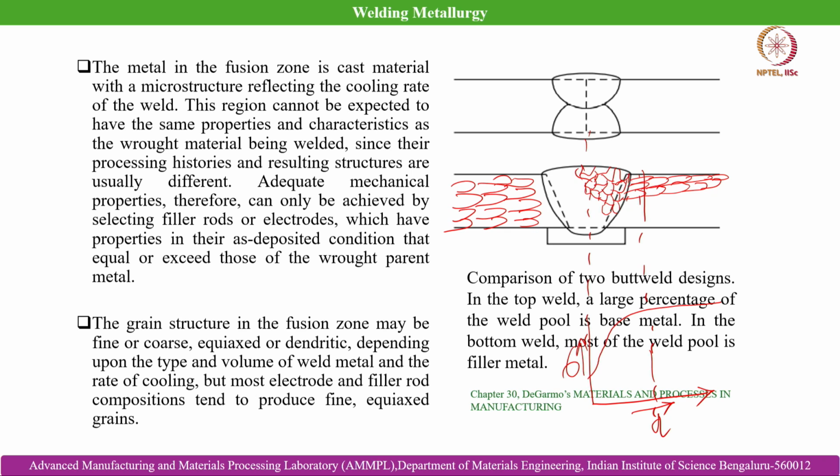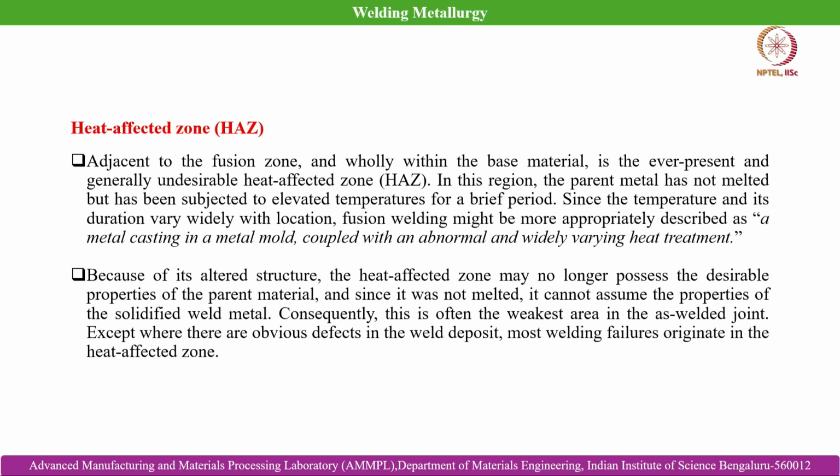However, this is the normal case when we are talking about autogenous welding, that means the melt pool is formed because of the melting of the parent metal itself. But there are occasions where we add filler materials from outside, like in heterogeneous welding, when we specifically use filler rods to create the melt pool.